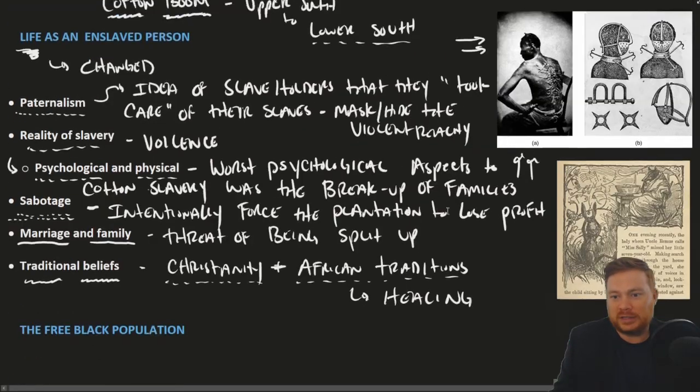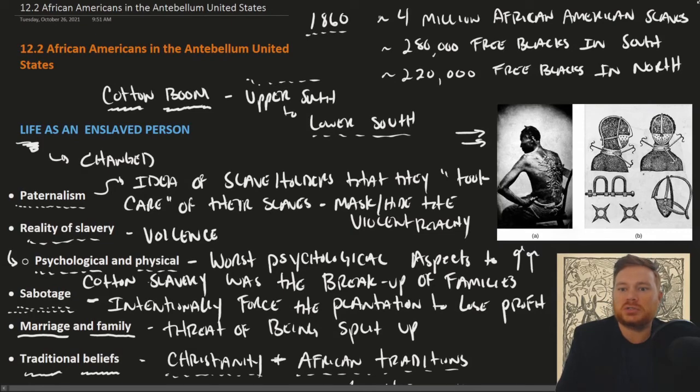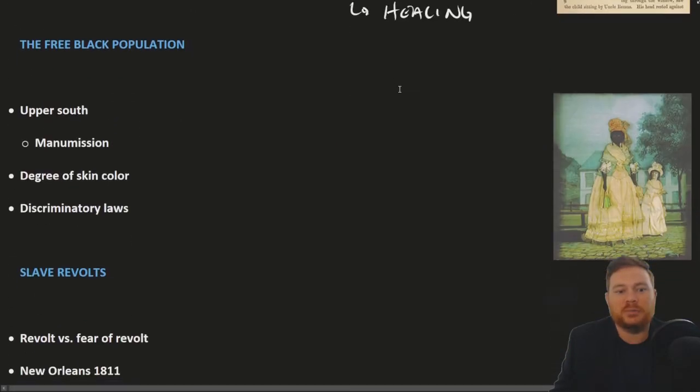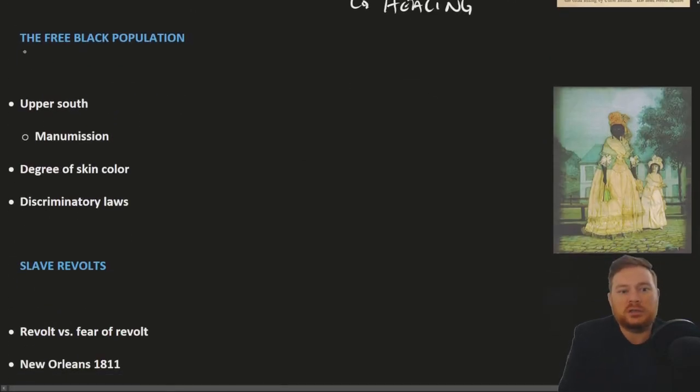Now, again, what I mentioned earlier, most African Americans in the United States in the Antebellum period, most Blacks in the U.S., were enslaved in the South, but there was at least a degree of free Blacks that's worth mentioning here. Most of the free Black population lived in the Upper South. Again, Upper South refers to Virginia and Maryland.